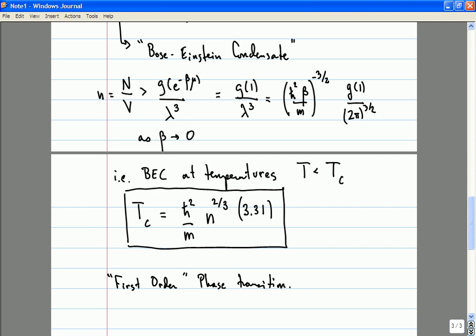A first-order phase transition is one where the derivative of the free energy is discontinuous, and so on and so forth. And in the theory of phase transitions, the order of the phase transition is usually the most important piece of information that you need to determine before coming up with a detailed model of that phase transition.